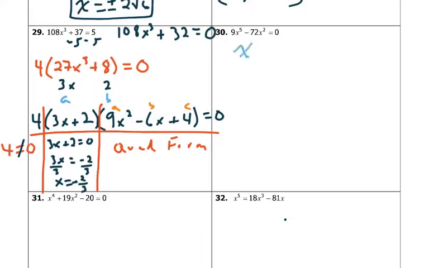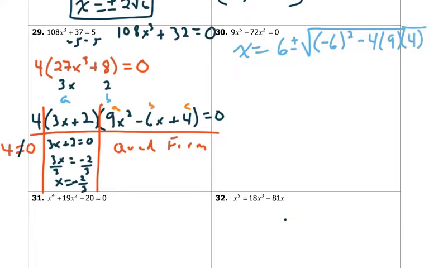x equals the opposite of b. B is negative 6, so the opposite of that will be a positive 6, plus or minus the square root. Make that a long square root there. B, negative 6 squared, minus 4 times AC, 9 times 4.